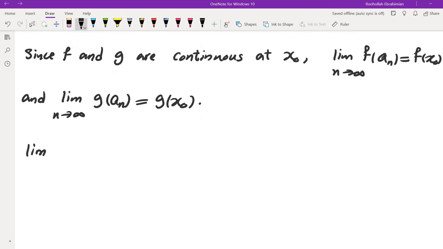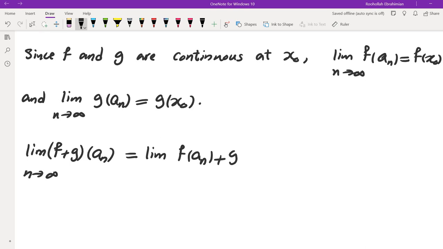If you look at the limit of f plus g of an as n approaches infinity, by definition, this is just the limit of f of an plus g of an as n approaches infinity. Now, we know limit of f of an is f of x naught, and we know limit of g of an is g of x naught.